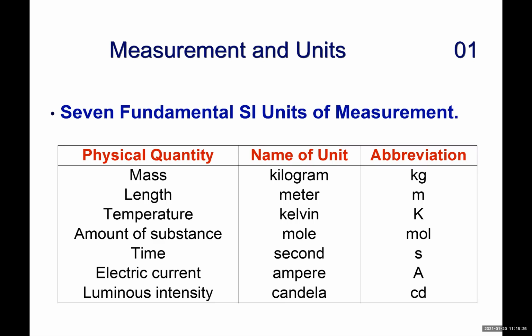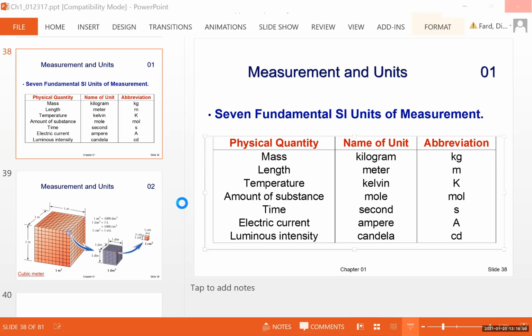So guys, as I said, this chapter we are going to talk about measurements and units. Again, you have taken these before, so I'm just reviewing to refresh your memory so you can do future chapters which involve unit conversion factors.